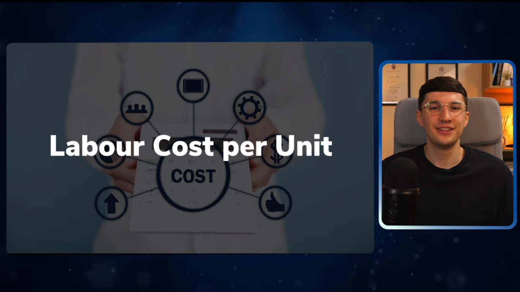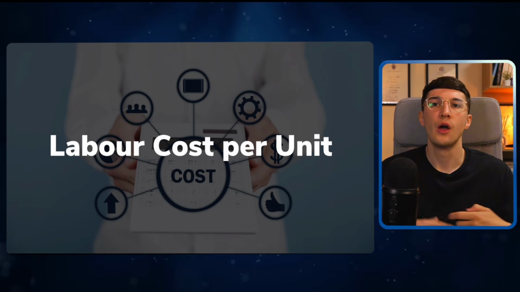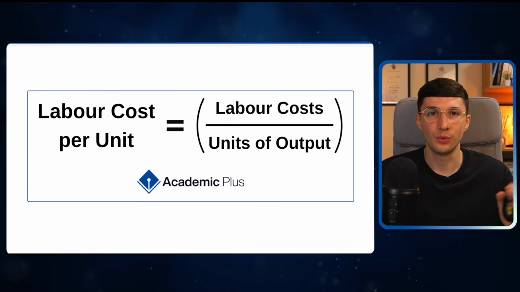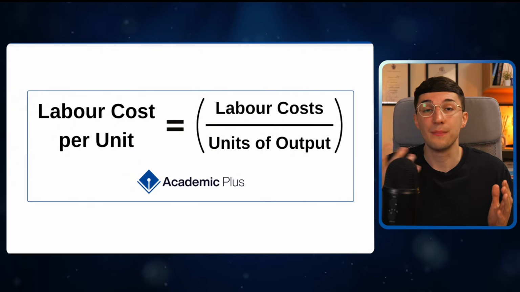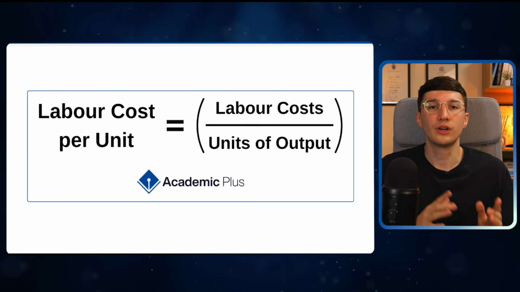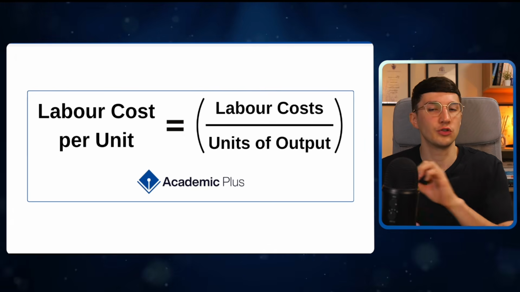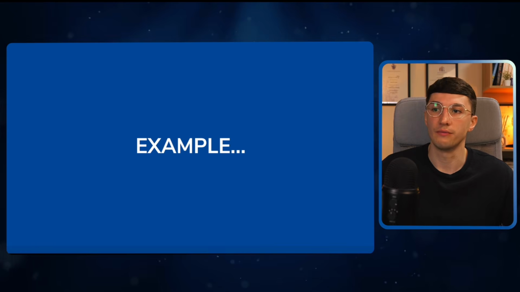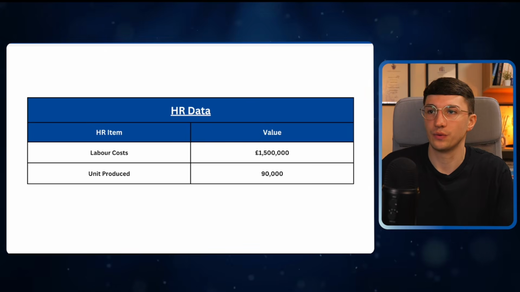And the very last HR data calculation that we need to do is labour cost per unit. Once again, another simple formula for you to remember. All you do is take the labour costs, divide that by the units of output. When you look at labour cost per unit, anytime you see the word per, it just means you are dividing them by one another. So, to show you an example, let's say I've got this data in front of me.